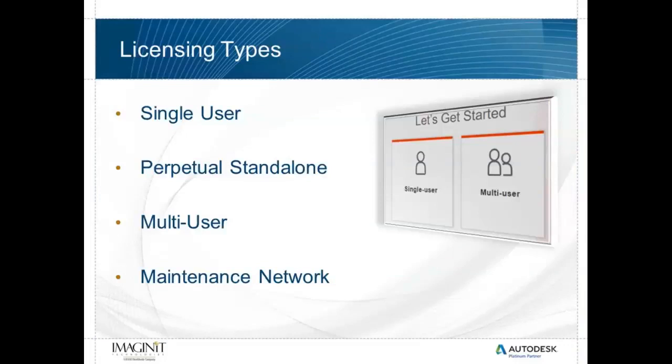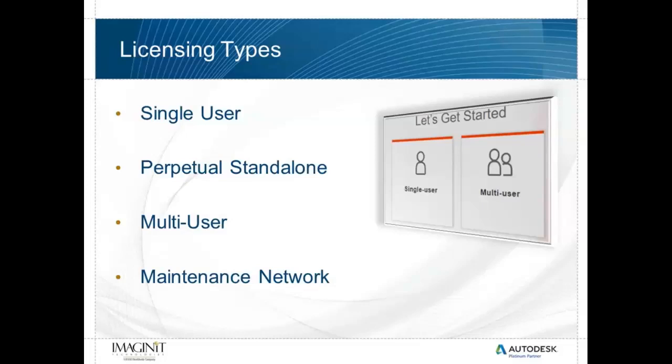There's a single user, which of course the individuals are signing in with their Autodesk credentials, and any licenses that are assigned to them are associated with that unique user ID. And so essentially there's a way for them to do the same thing from home. We'll talk about that briefly.